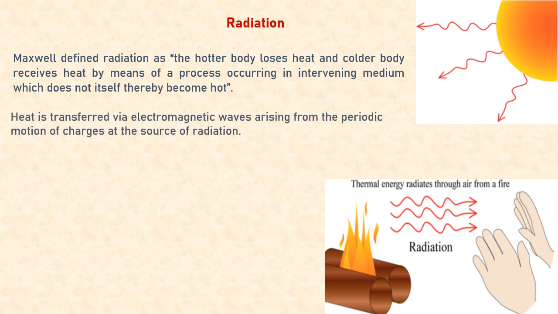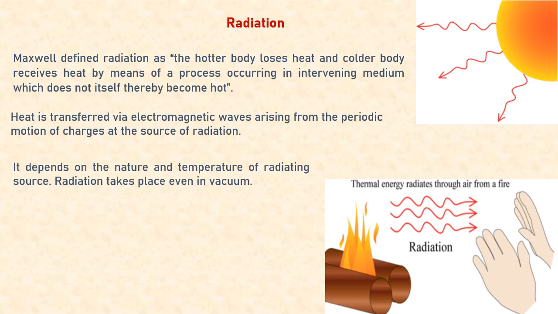Heat is transferred via electromagnetic waves arising from periodic motion of charges at the source of radiation. It depends on the nature and the temperature of the radiating source. Radiation takes place even in vacuum.